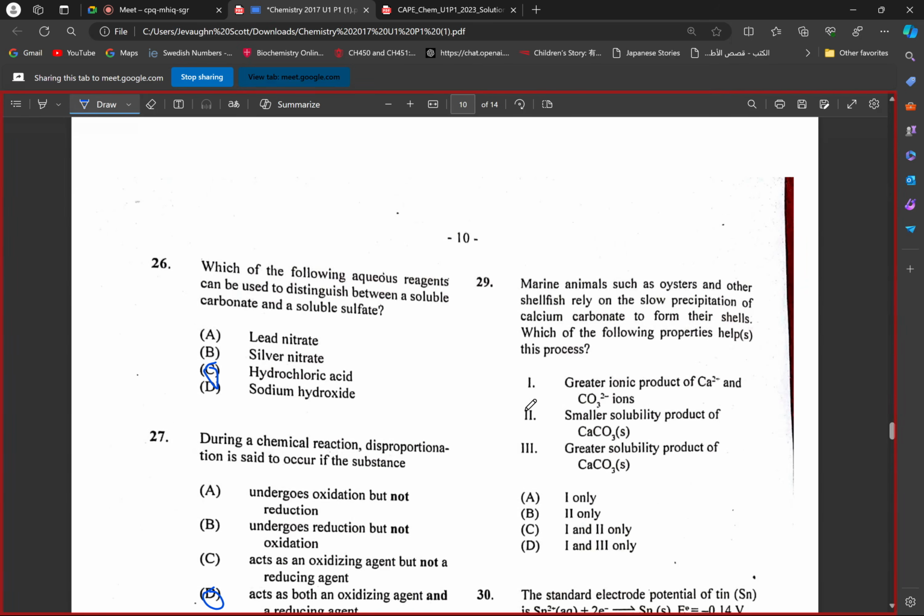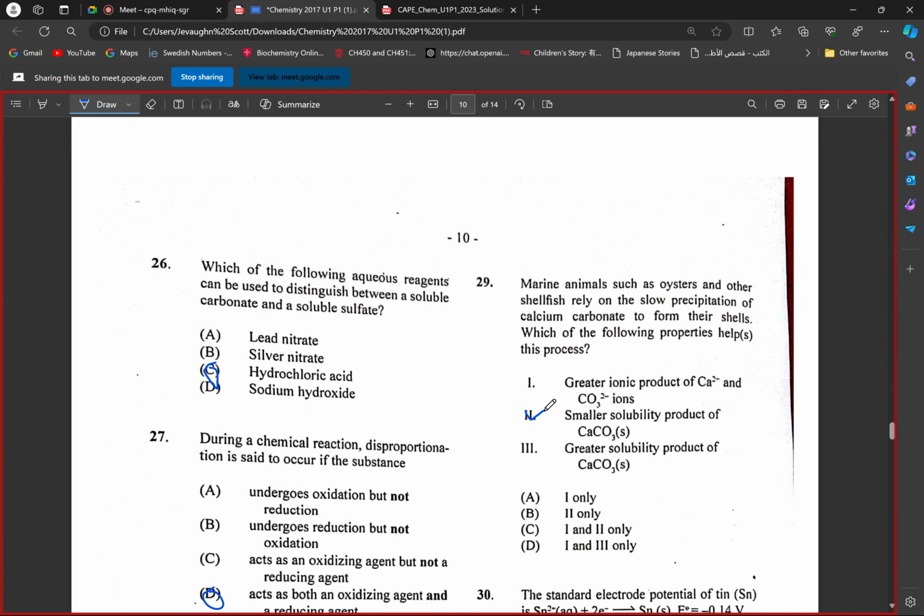It would be a smaller solubility product, right? Yes, sir. So what would be the answer, B or C? So C. Okay, so we're claiming that the greater ionic product of calcium over carbonate. Is that agreeable?